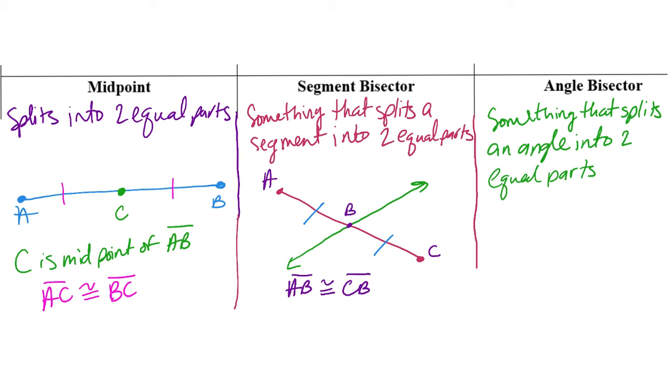So if we have an angle, the angle bisector would go right through the middle, making this side equal to this side. And we would mark it again with those little swoops.